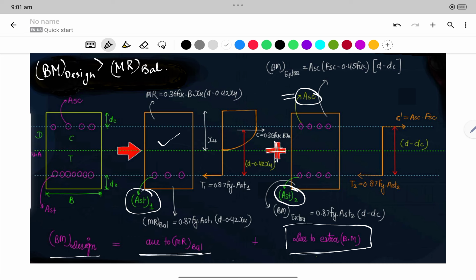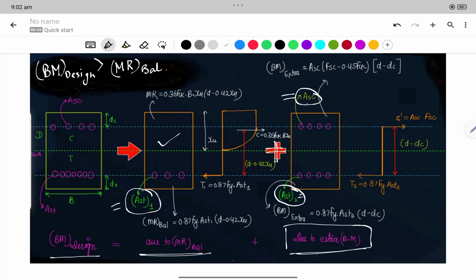So the formulas for ASC and AST2 you have to get, because AST1 we know previously, but in this case we have to know these two formulas.